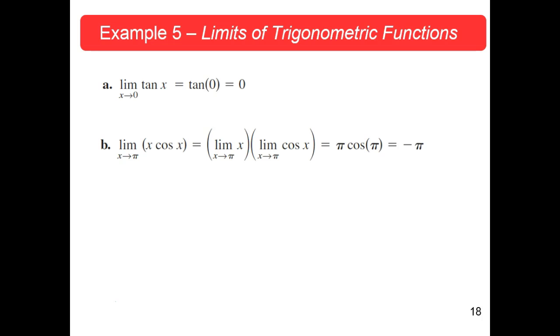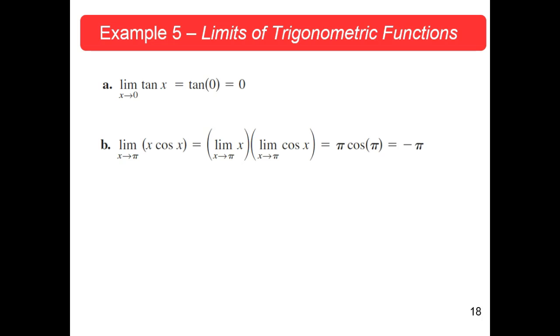Cosine starts at 1, at pi halves it's 0, and at pi it's negative 1. So that would then be negative pi. Perfect. Okay, there it is.